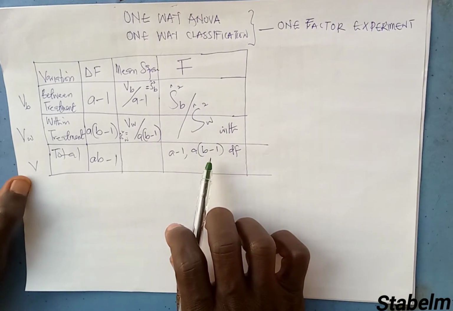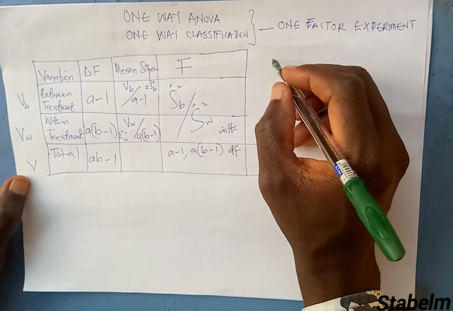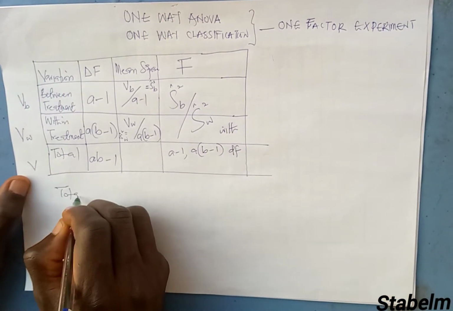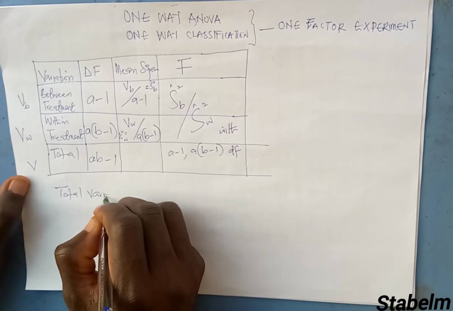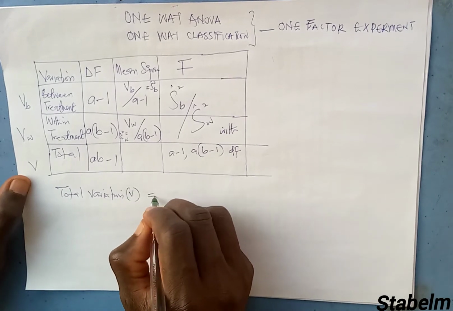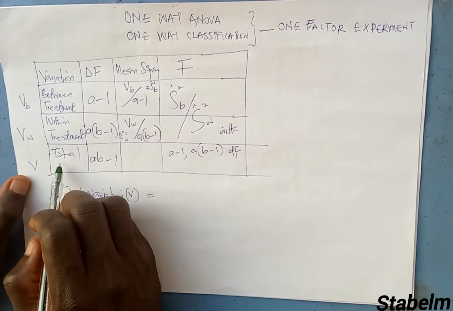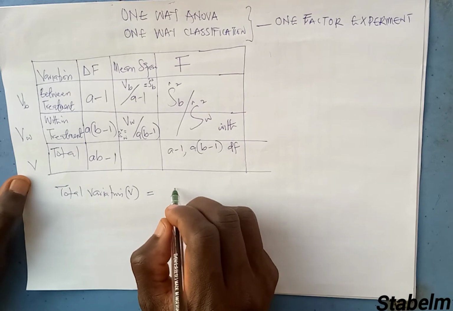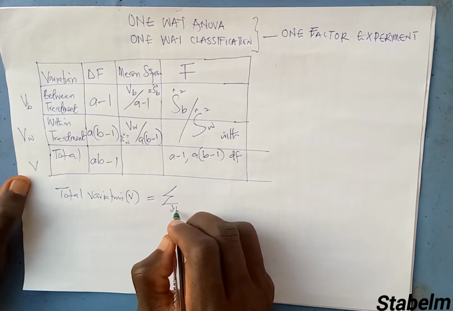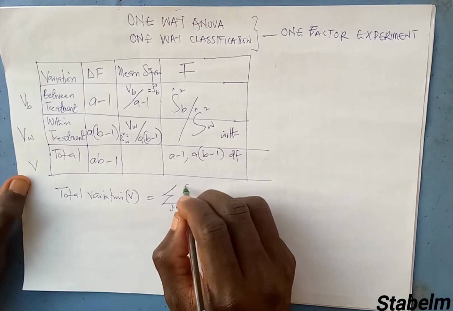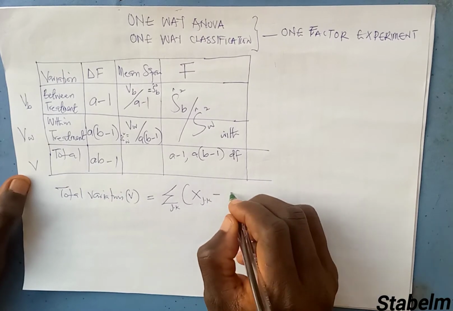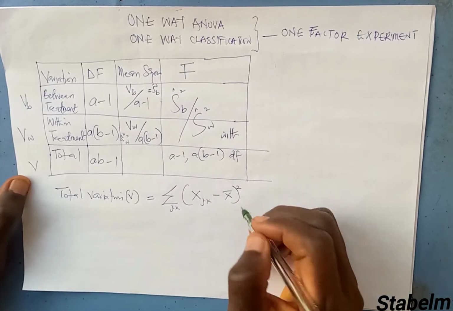Now, how do we get the total variation? The total variation, which is represented by V, we get using this formula: the summation over j and k of x subscript jk minus x bar, all raised to power 2.